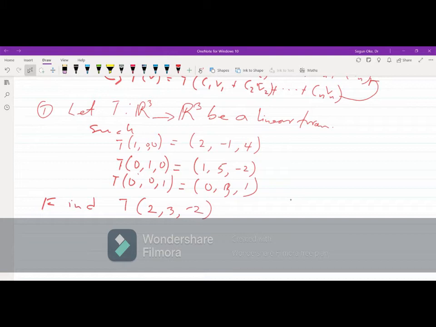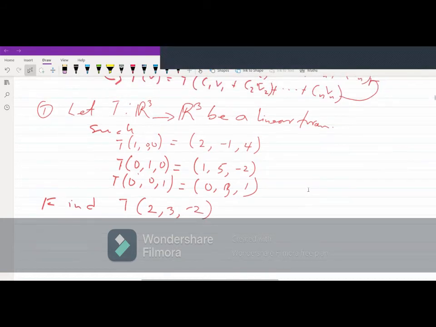How do I go about this, in case I'm given this type in the exam or in the test? It's very simple. What you need to do is, let's solve it.